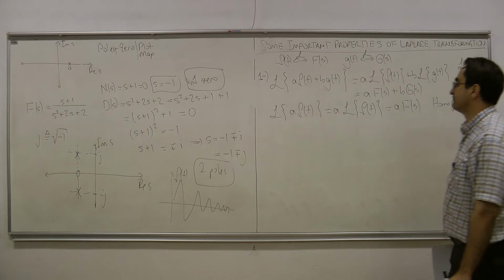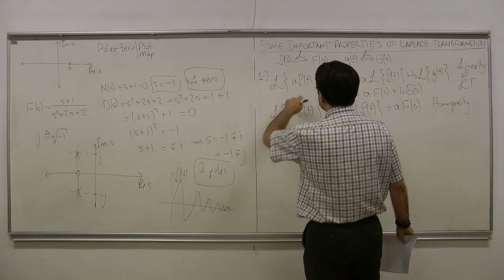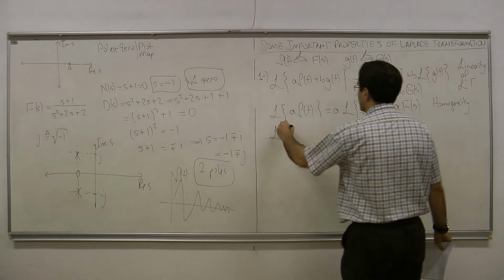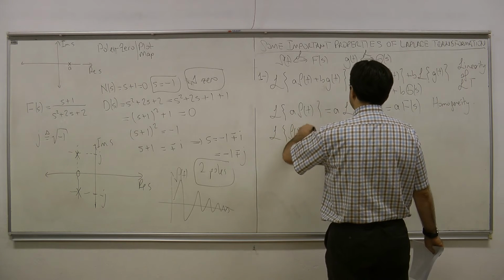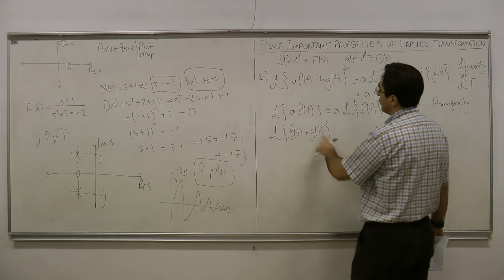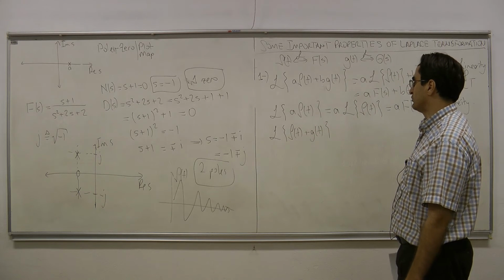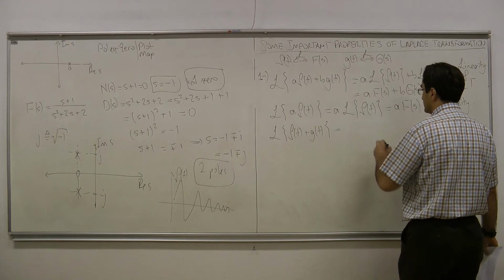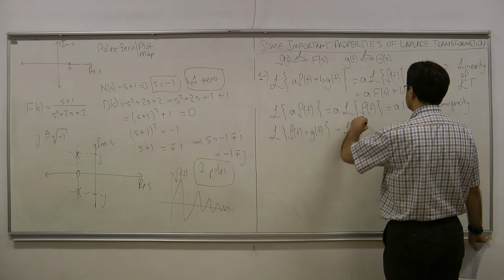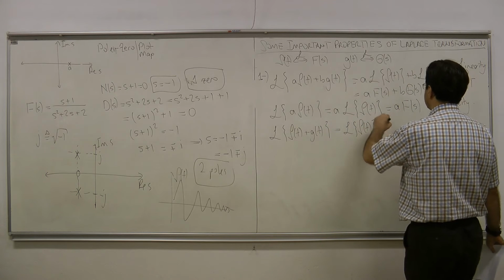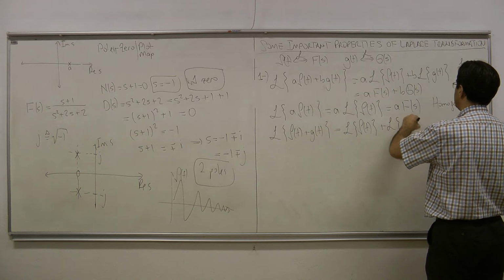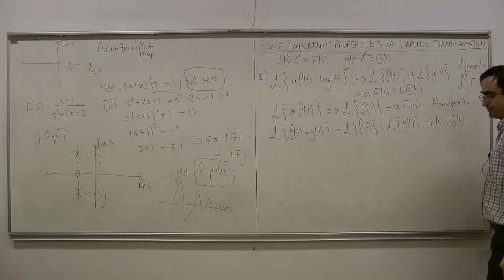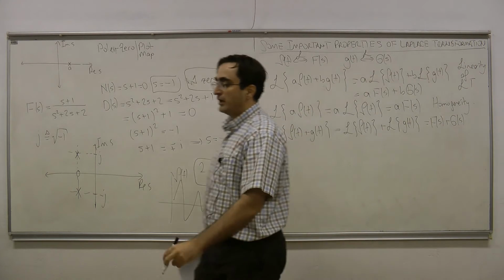The second property that gives us linearity is additivity. When I have two functions, f of t and g of t, and I add those functions and take the Laplace transformation of the addition, that is going to be the addition of the individual Laplace transforms: Laplace transform of f of t plus Laplace transform of g of t. So this is equal to F of s plus G of s, and this property is called additivity.